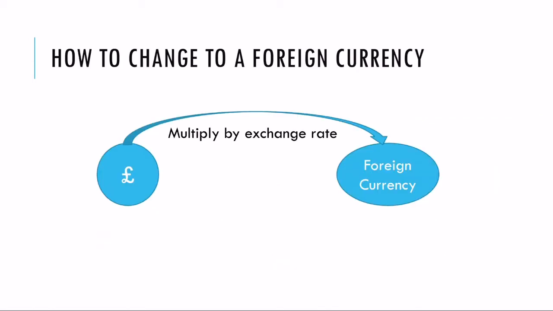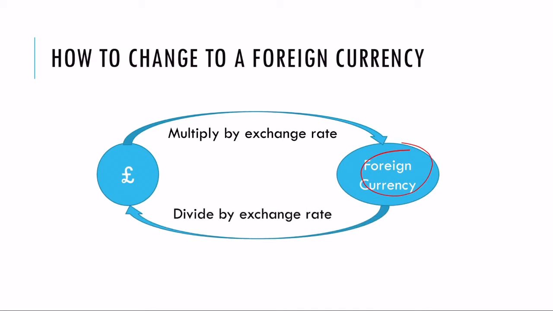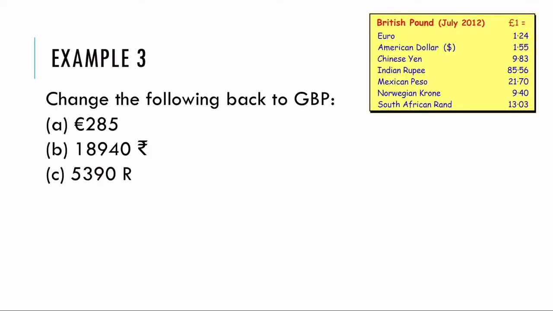Okay, so how do we change back from a foreign currency? If we are given the amount in the foreign currency, to change back, we divide by the exchange rate that we are given. Okay, so it's the opposite of changing to a foreign currency. Change the following back to pounds. So let's begin with €285.